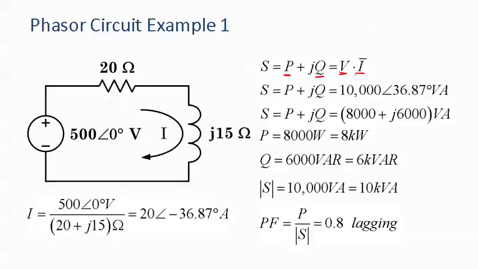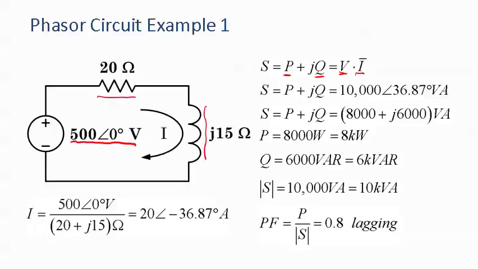Okay, so let's figure out what the values are here. We know the voltage in this problem is 500 at 0 degrees. Now that's an RMS value, and it's at 0 degrees to make the problem a little simpler. And the impedance is a 20 ohm resistor and a j15 ohm inductance.